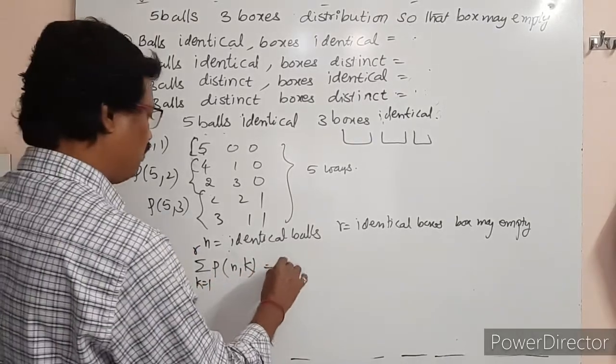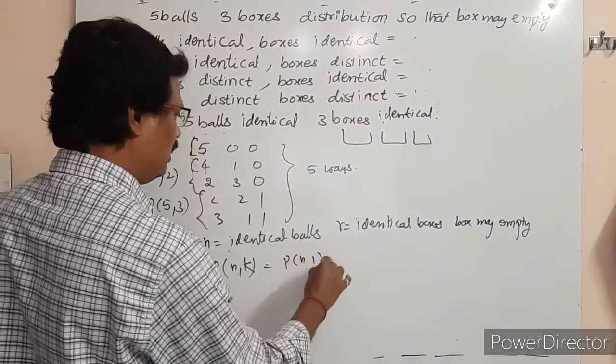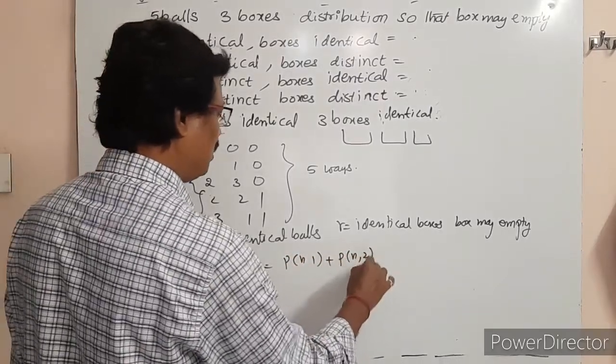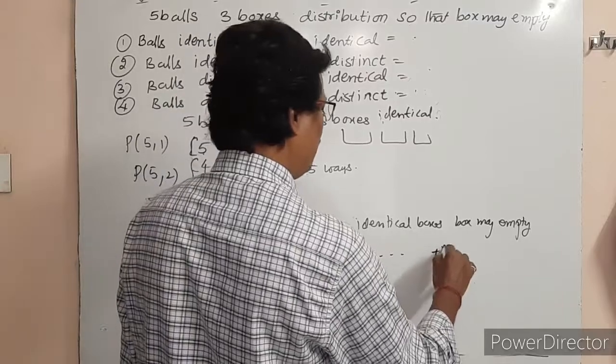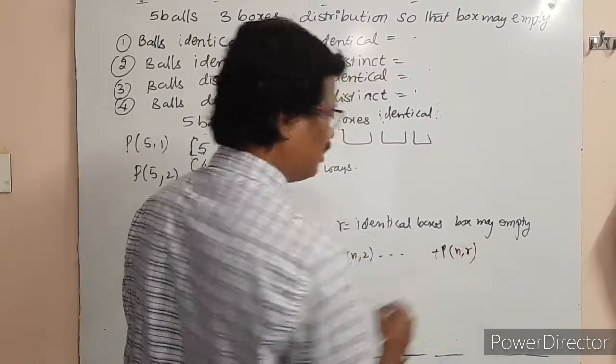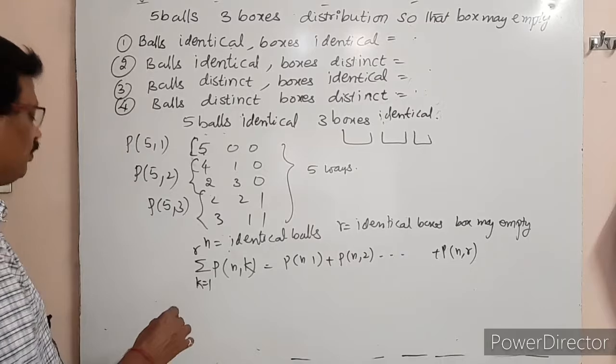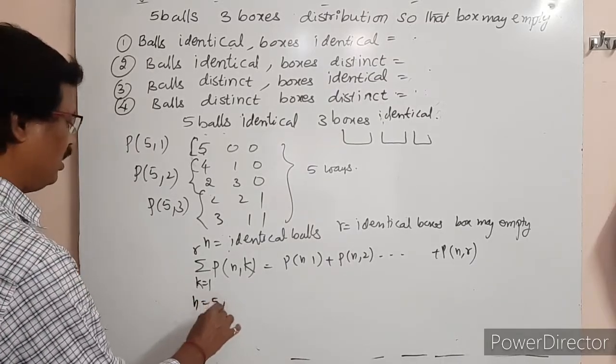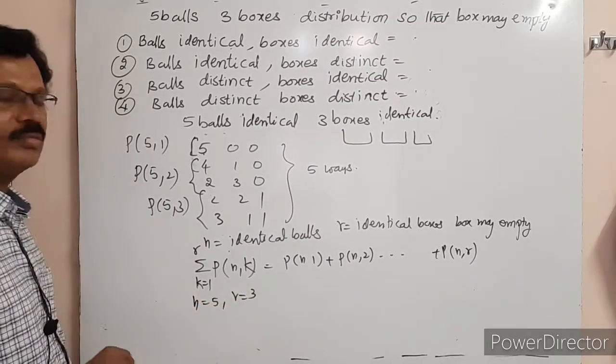That is Pn1, Pn2, go on like this, PnR. Suppose here in this problem n is equal to 5 and R is equal to 3.